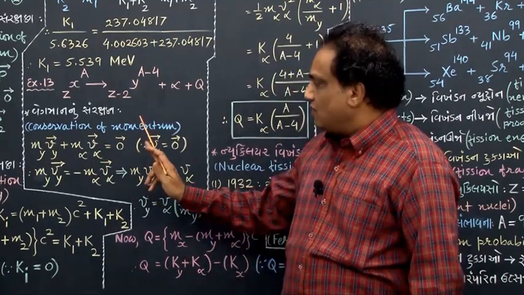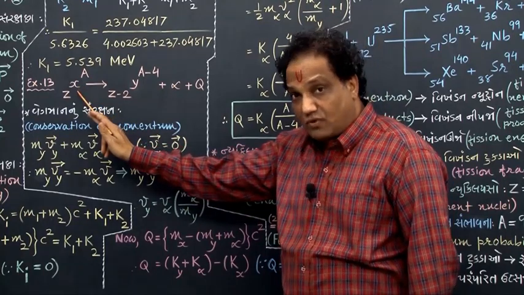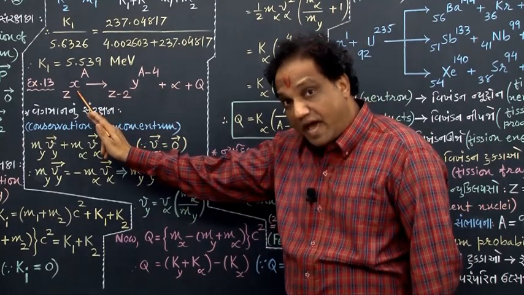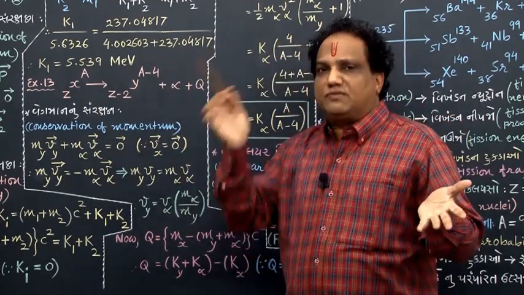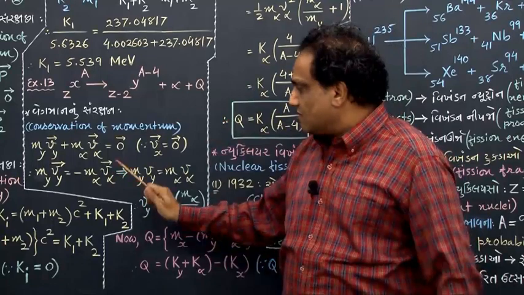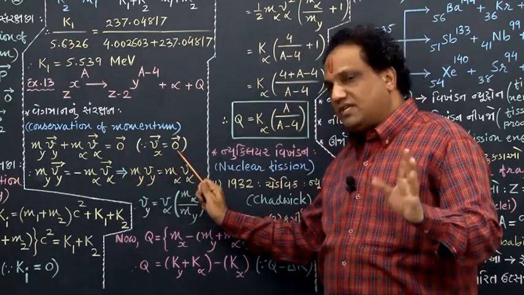And that should be equal to the initial momentum. Initial momentum is the momentum of nucleus X, the parent nucleus. But the parent nucleus was at rest, so naturally its momentum would be 0. So initial momentum is 0 because the velocity of the parent nucleus is 0.